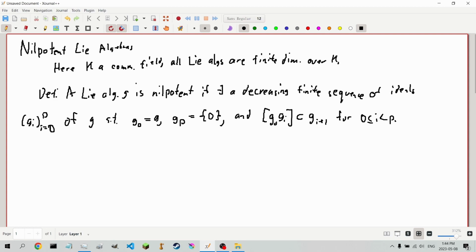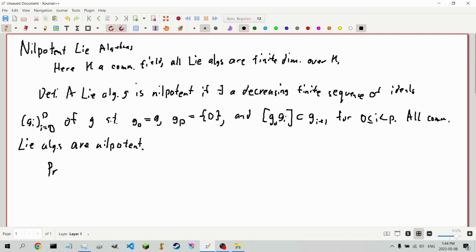And of course, all commutative Lie algebras are going to be nilpotent because the bracket is always going to be 0 and every ideal of G has to contain 0, so yeah.